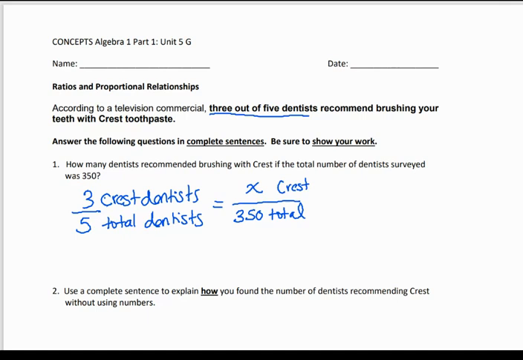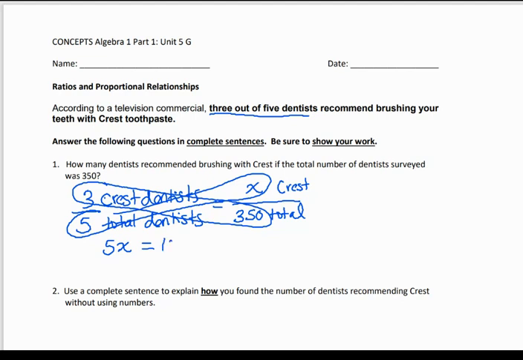Okay, from here we will cross multiply. So we will have 5 times X is 5X, and then 3 times 350 is 1050.